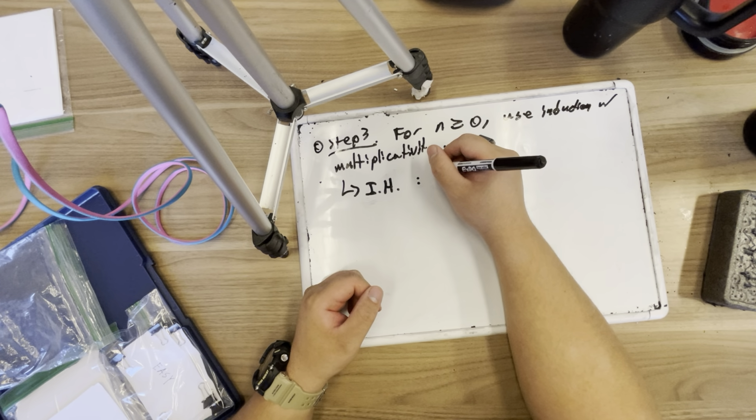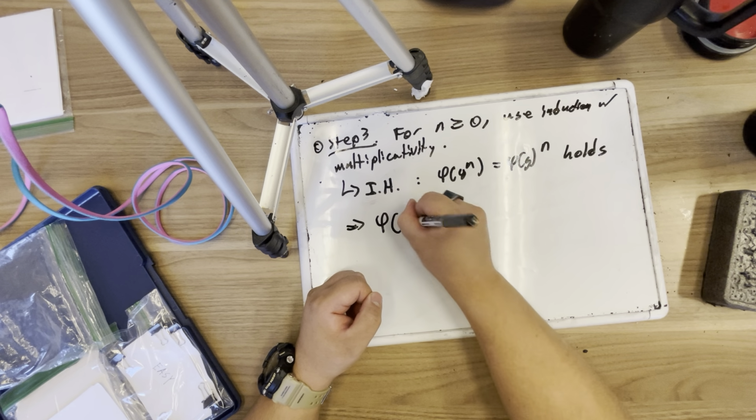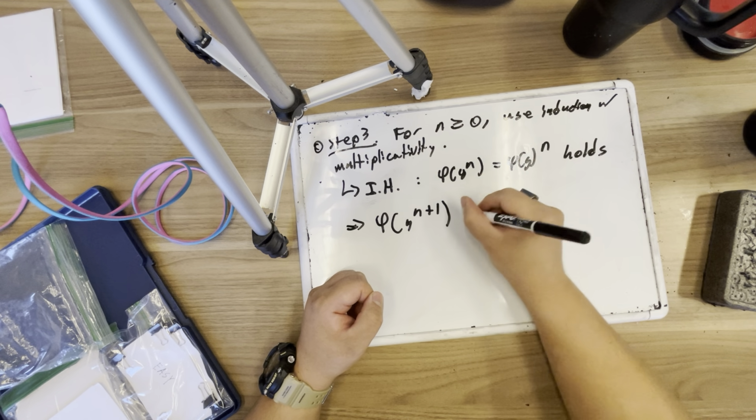Suppose phi of g to the n is equal to phi of g to the n holds. Then say we have phi of g to the n plus 1.